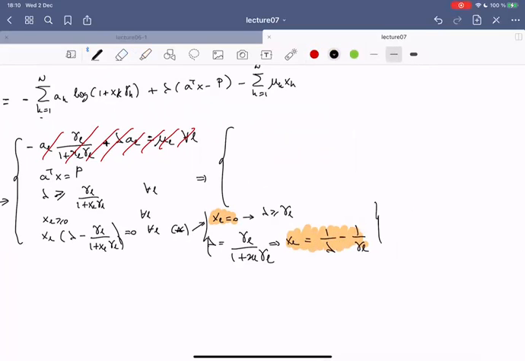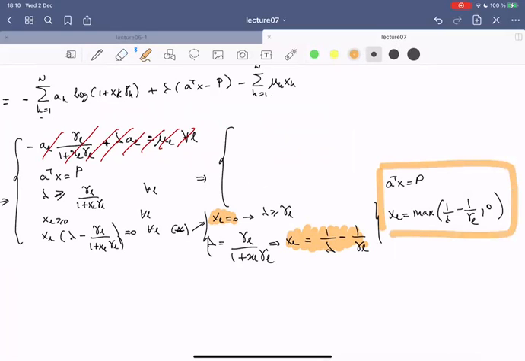We can bring those together, that XL is equal to the maximum of 1 over lambda minus 1 over gamma L and 0, with the additional constraint that A transpose X is equal to P. So this is our final solution, where the Lagrange multiplier lambda is set to make sure that this equality constraint holds. And this is called the water filling solution.